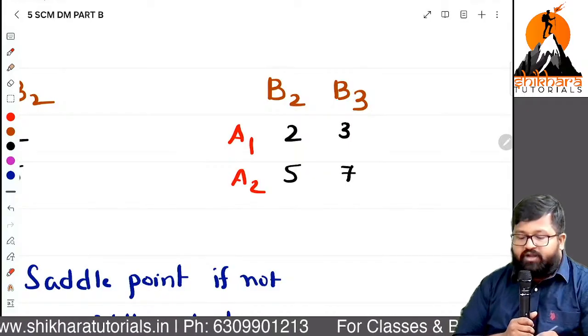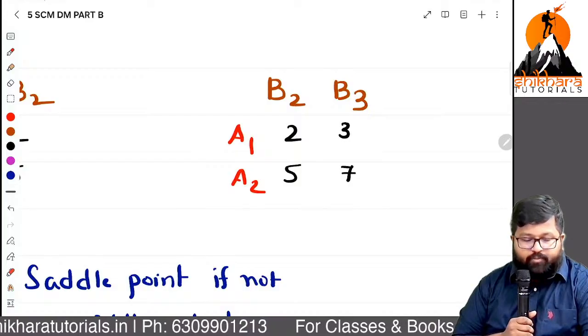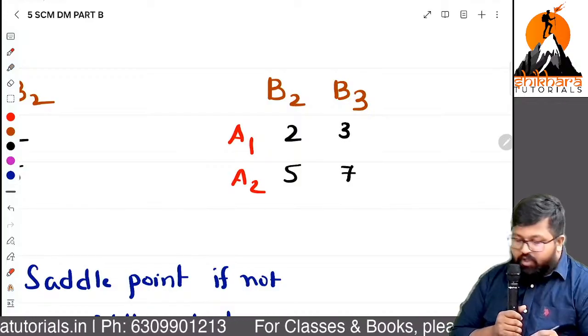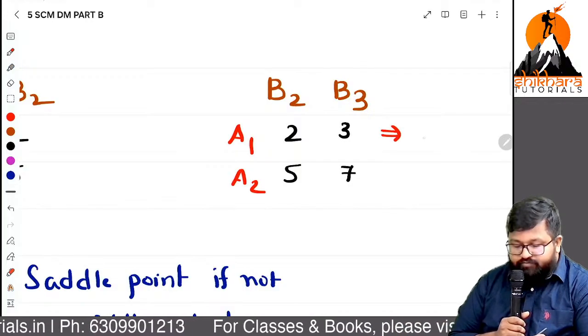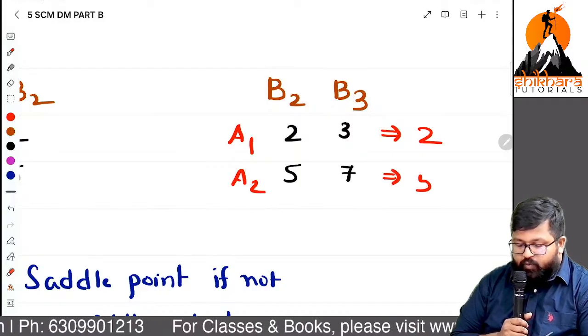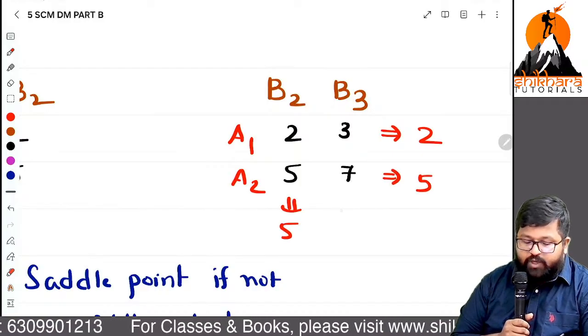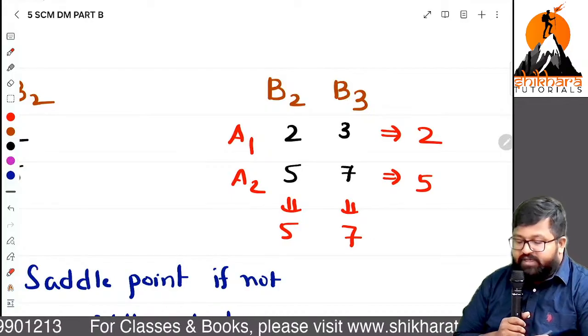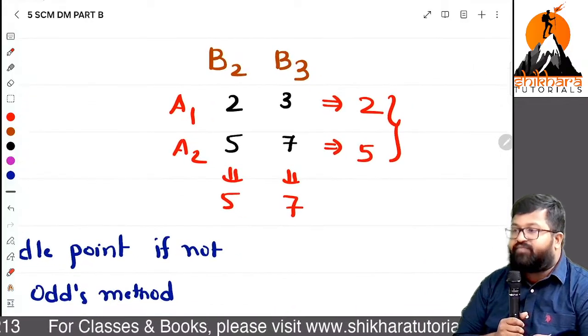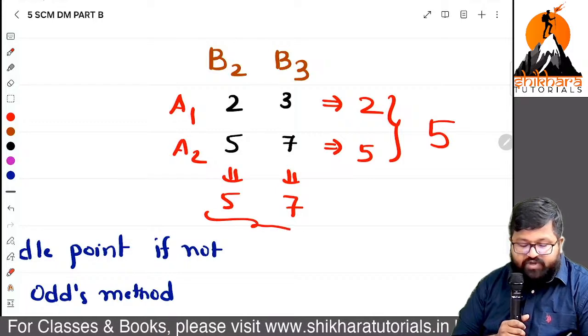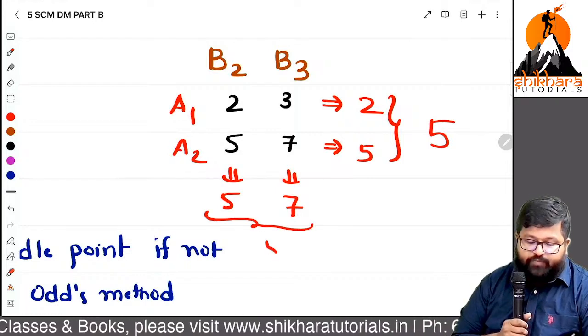First point, saddle point. In the case of saddle point, what is the point there, sir? Row minimum. Can you tell the minimum value there? 2. In the case of the second one, 5. But in the case of columns, 5. And here it is 7. Of these two values, what is the highest value, the least value, sir? 5. What is this known as?